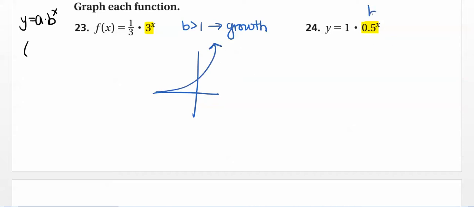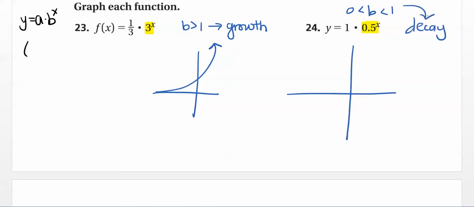If b is between 0 and 1, like this one is, it's a half, it's going to be decay, which means it's going to start high and go low. But each of these do not cross into the negatives. It doesn't even get to 0. We talked about that in class.